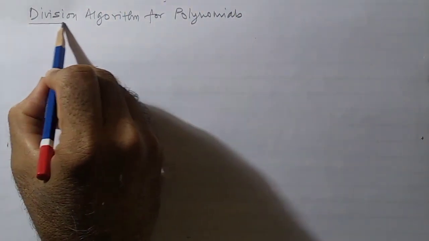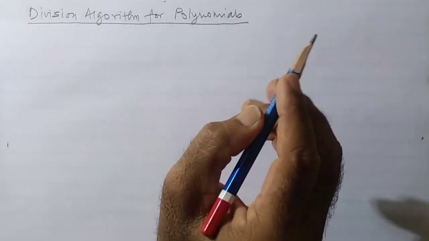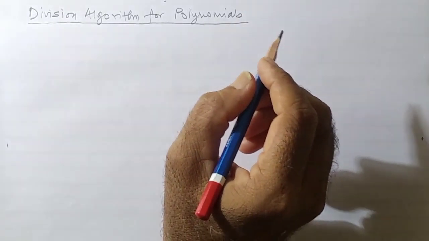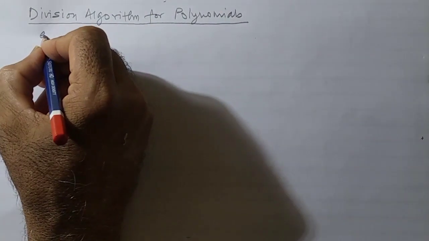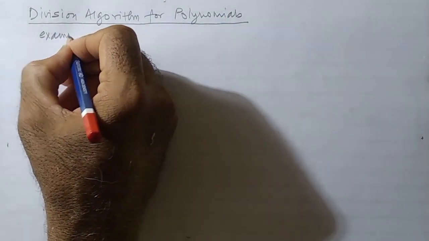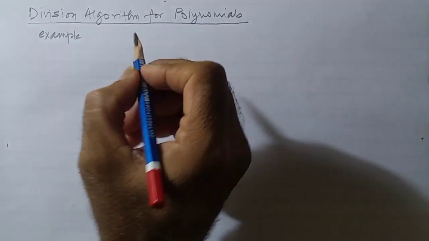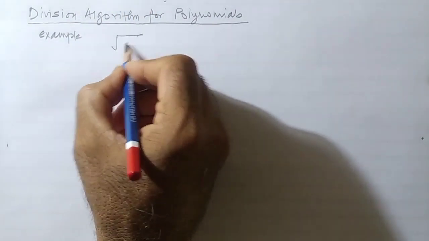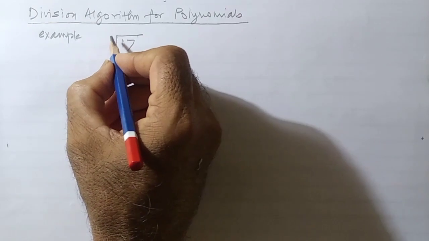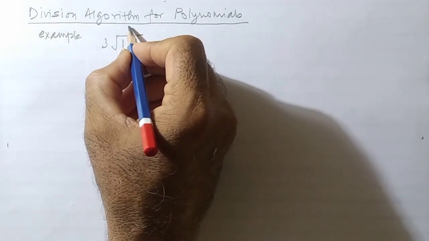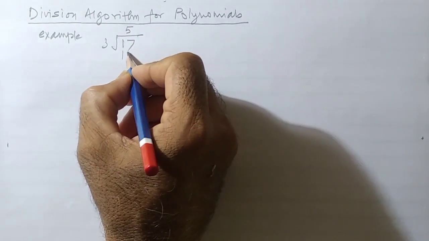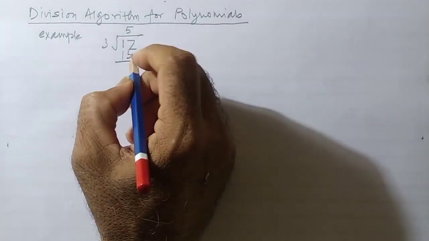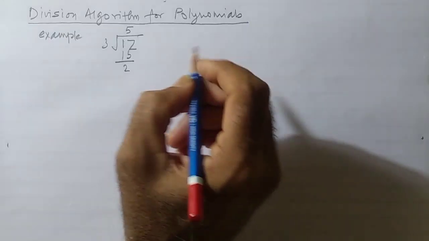Division algorithm for polynomials. Let's take a simple example. When 17 is divided by 3, you get 5 as the quotient and 2 as the remainder.